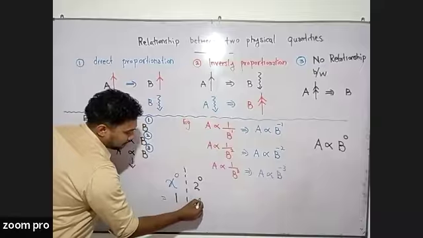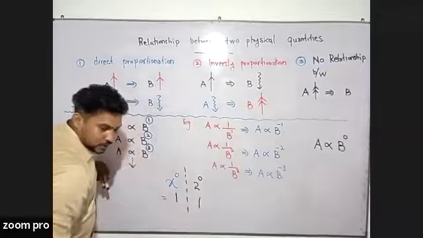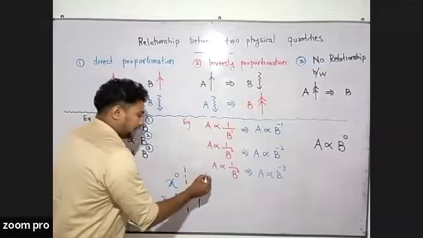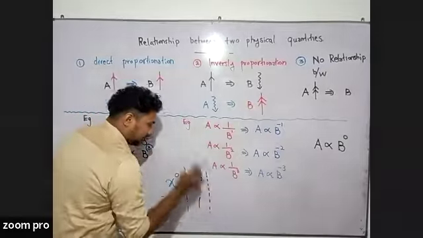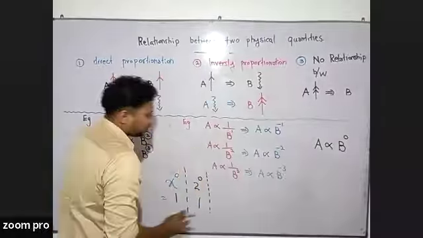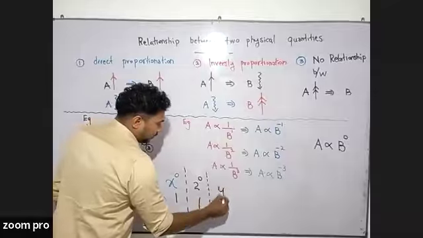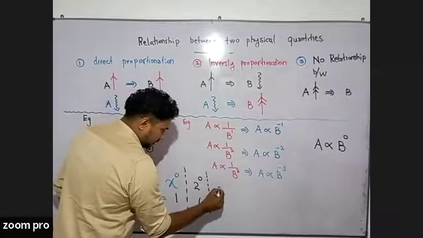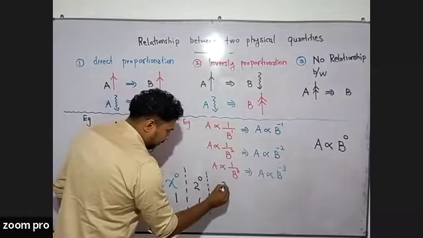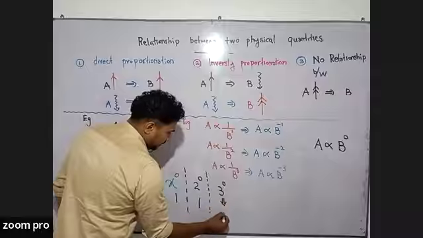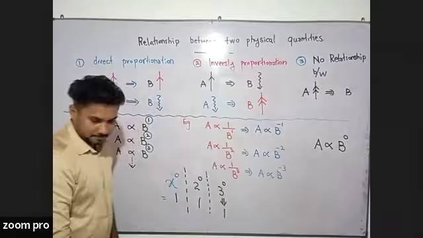What is the answer? It should be 1. So keep in mind that the zero power of any numerical value is equal to 1.